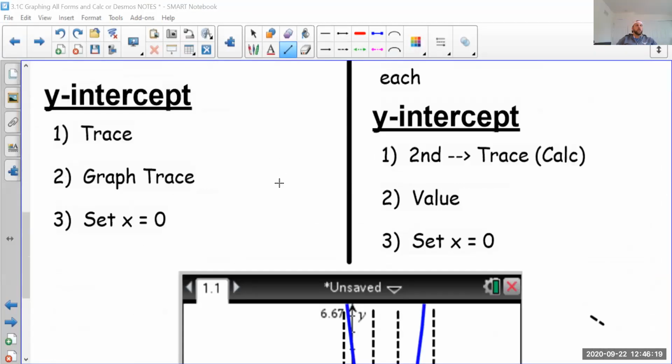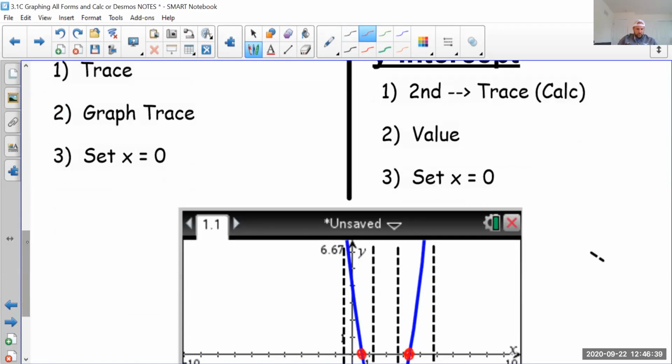Okay, and then the final thing that our calculator can find is the y-intercept. The way that we're going to do that, if you have the Inspire, you'll go to Menu, hit Trace, and then Graph Trace. So Menu, Trace, Graph Trace, and then you're just going to hit 0 because we want to make x equal 0.